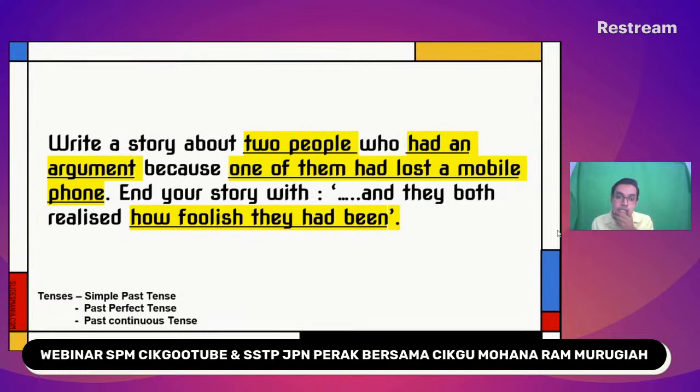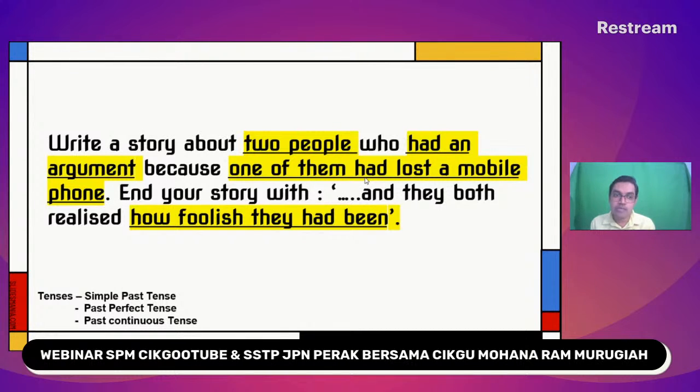Which part shows that you have to write past tense? You have a had here, another had, and had been. So you are supposed to narrate this story in past.